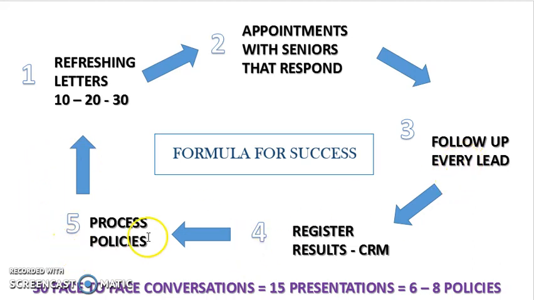And of course, number five. Once you have a close to policy, you have to continue with the process, processing the policies. Make sure that they get approved, and that they don't get stuck with any information that they might need from the client.